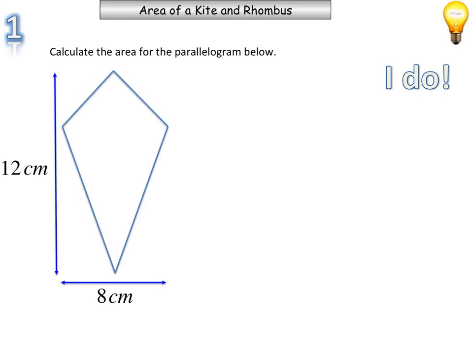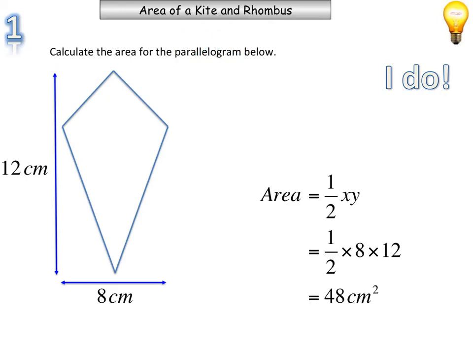Okay, I'll go through this particular question. Calculate the area of the kite below. That should say kite. Apologies for that. So we've got one value being 8 and the other one being 12.